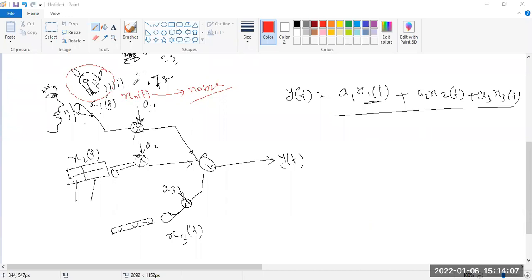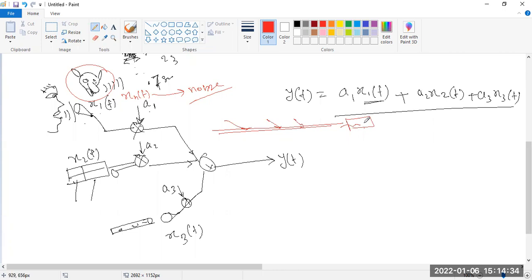In data transmission, noise is also mingled with the data, but at the receiving end this noise is filtered. There are so many filters, like band pass filter, low pass filter, high pass filter.